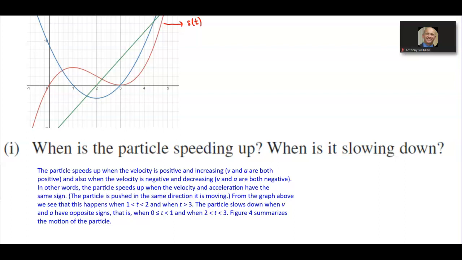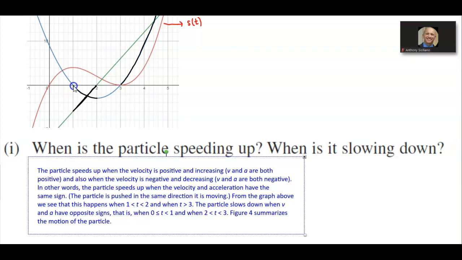So from the graph above, we see that this happens when t is in between 1 and 2. So if you take a look between 1 and 2, we can see that the velocity graph is negative. It's below the x-axis. And you can also see that the green, which is the acceleration function, is also below the x-axis. And that means they both have the same sign. And if you look at when t is greater than 3, we can see that the velocity is positive, which is above the x-axis.